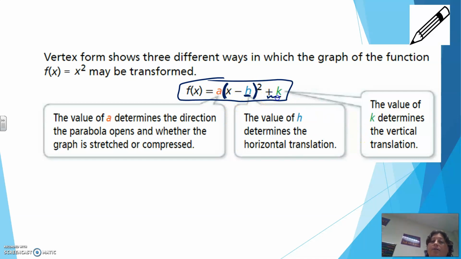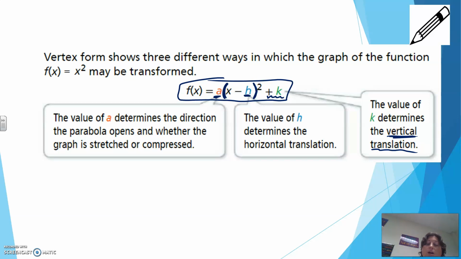Okay, so that's the horizontal translation. Now k, which is being added outside of the grouping, is going to affect the graph vertically. So if I add k, it's going to move it up and down, translating it up and down, and that's the same as what you would think. If that's a plus 4, you would move it up 4. Now, this a is what we looked at in our warm-up today. A is a number outside the grouping symbols with the x, so it impacts the y values, and it also determines the direction.